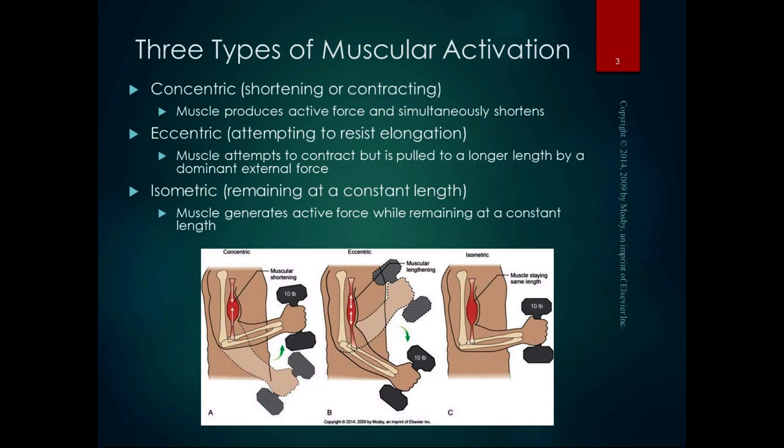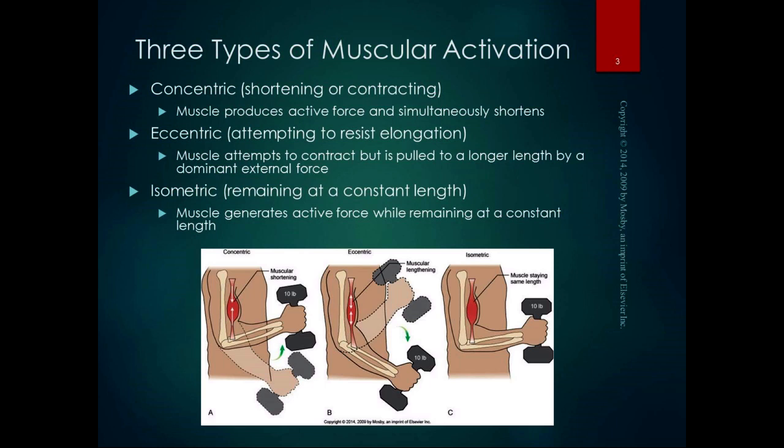The muscle produces active force and simultaneously shortens. An eccentric motion is attempting to resist elongation. The muscle attempts to contract, but it's pulled to a longer length by a dominant external force like gravity. Gravity is a big player in eccentric muscle contractions. Isometric muscular activation, the muscle generates active force while remaining at a constant length.